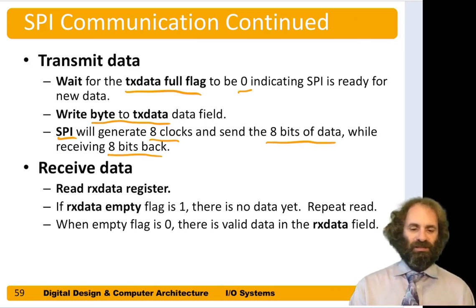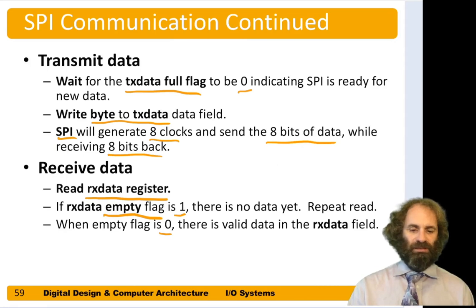Now, to look at the data we get back, we go and read the RX data register, and we look at the empty flag, which is the most significant bit of that register. If it's 1, it means received data is still empty, there is no data yet. So we keep repeating reading that register until the empty flag is 0.